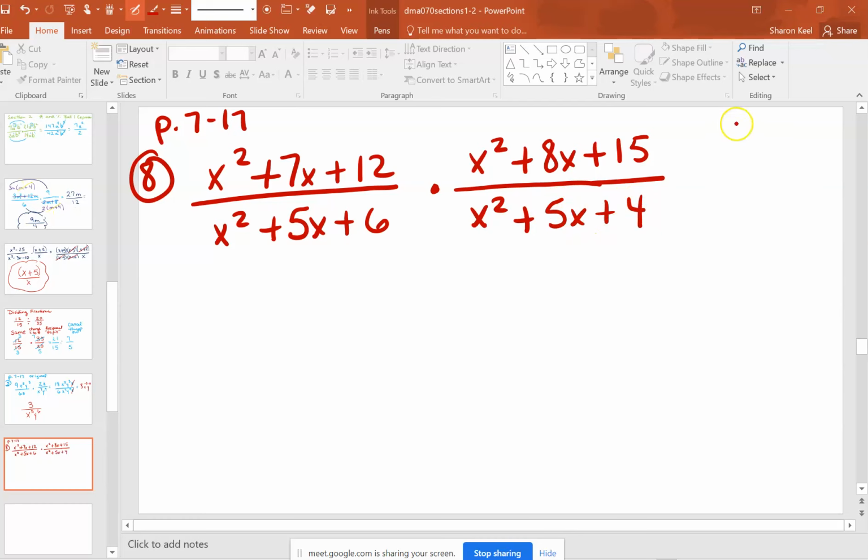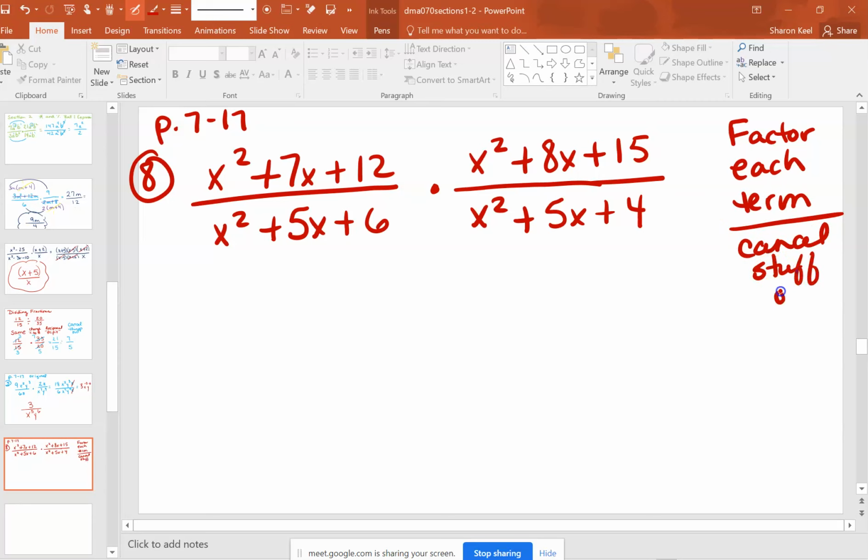Now I'm going to color code this. What we're going to do is we're going to factor each term, and then we're going to cancel stuff out. So let me do everybody in a different color. So this numerator here, I'm going to factor into 2 terms.